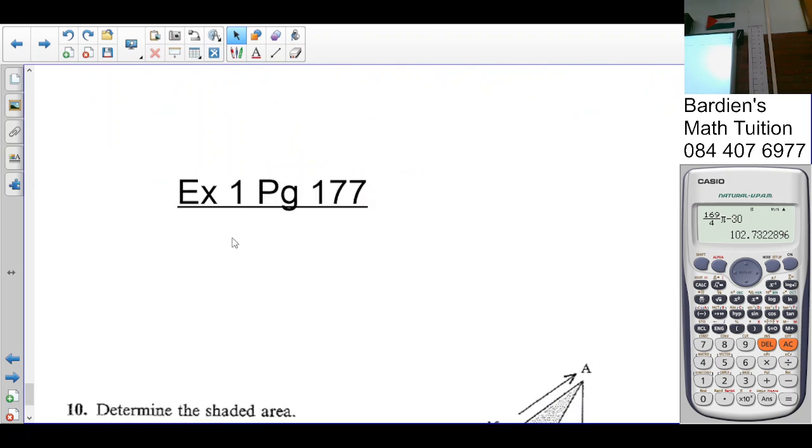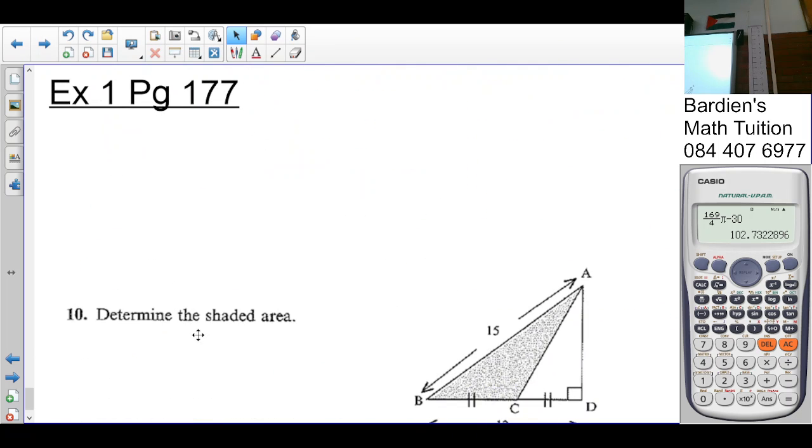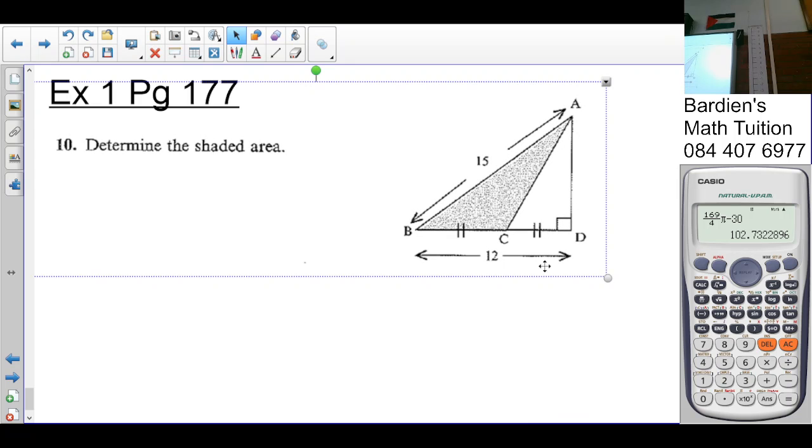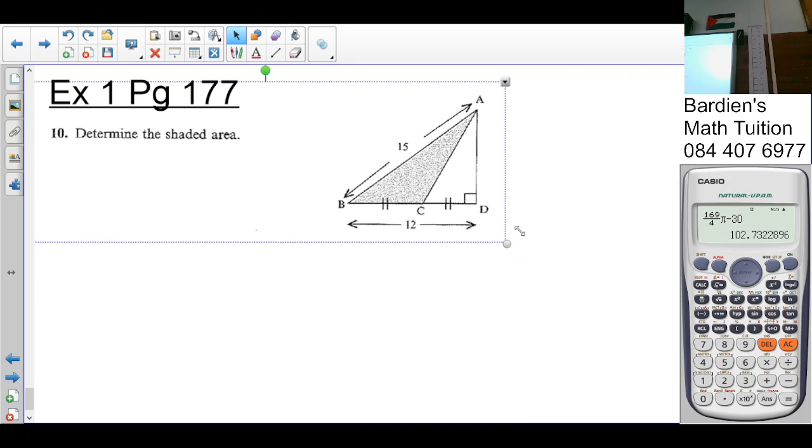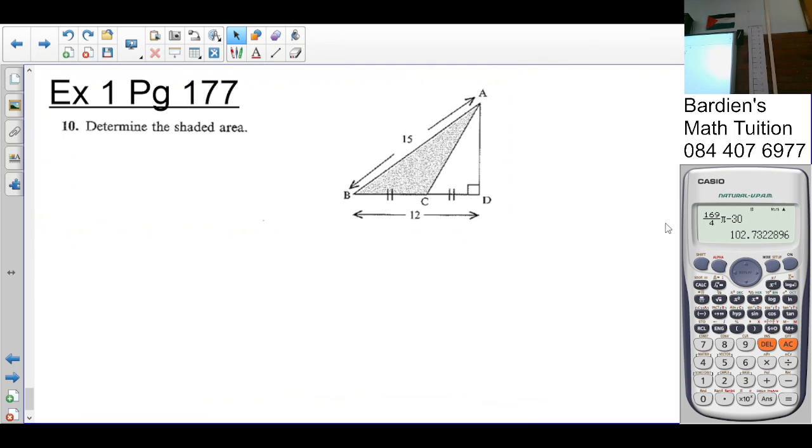Look at the last one, number 10. Determine the shaded area. So, how do you calculate the area of a triangle? Half base times height. So, if you look at this here, area of that shaded region.